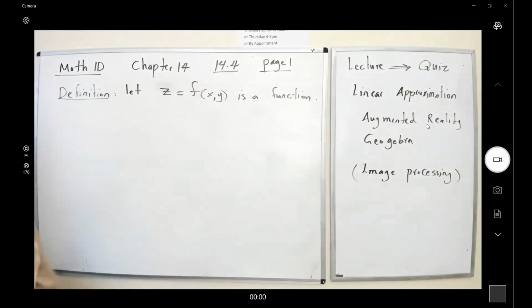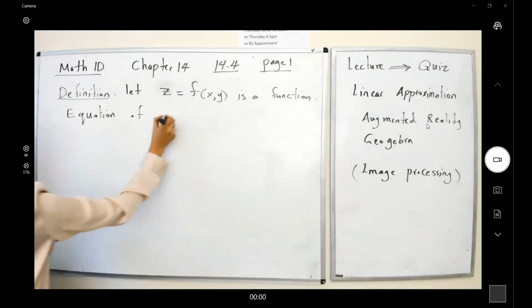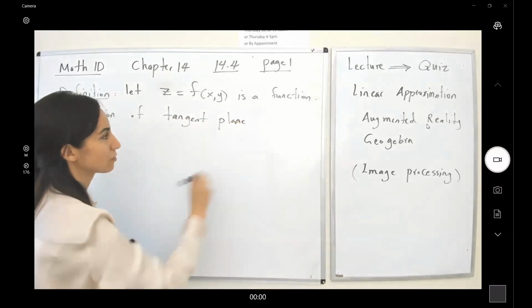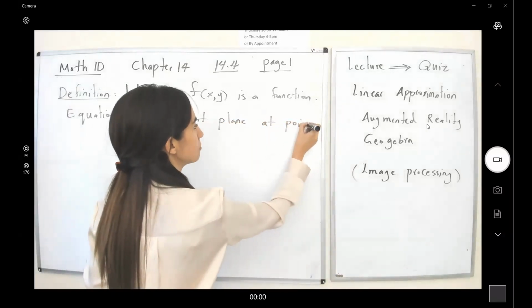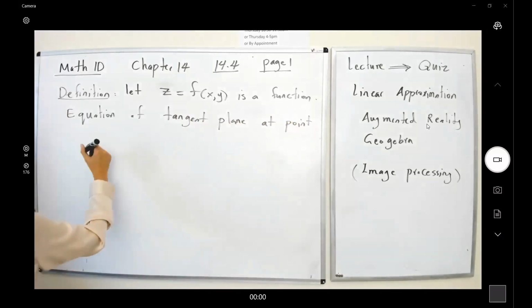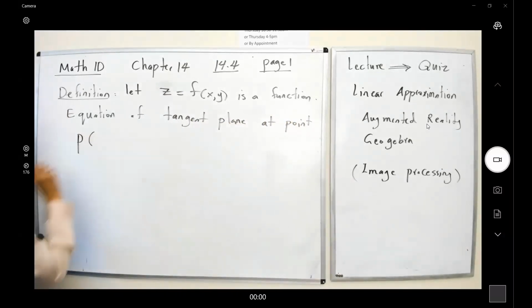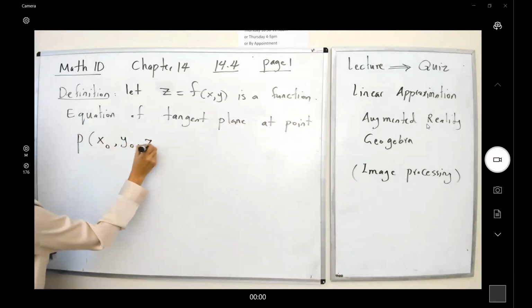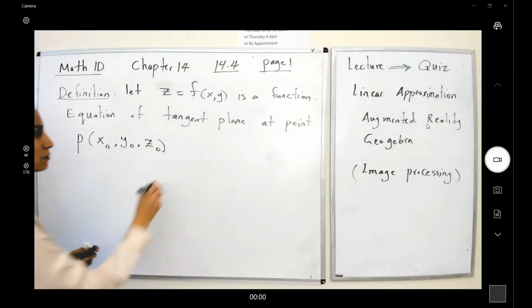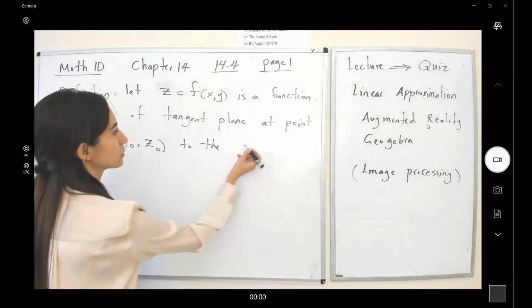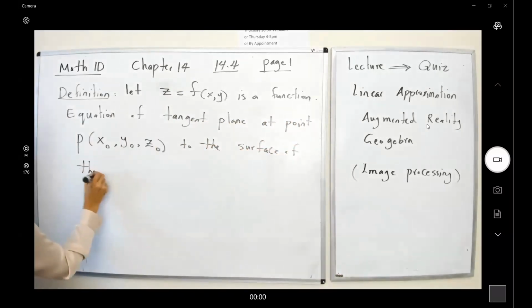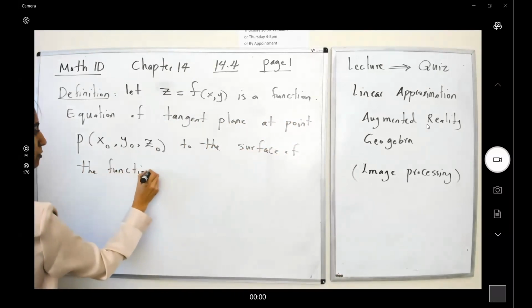So, the equation of tangent plane at point P with coordinates x sub 0, y sub 0, z sub 0 to the surface of the function is as follows.